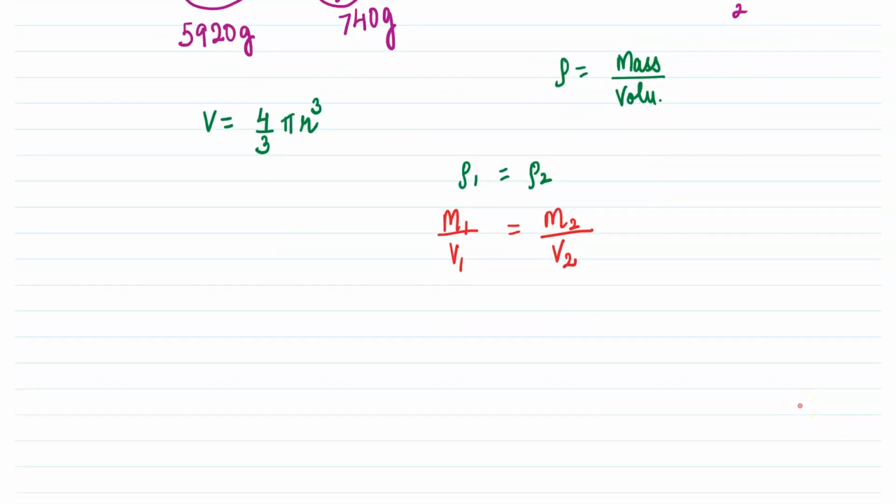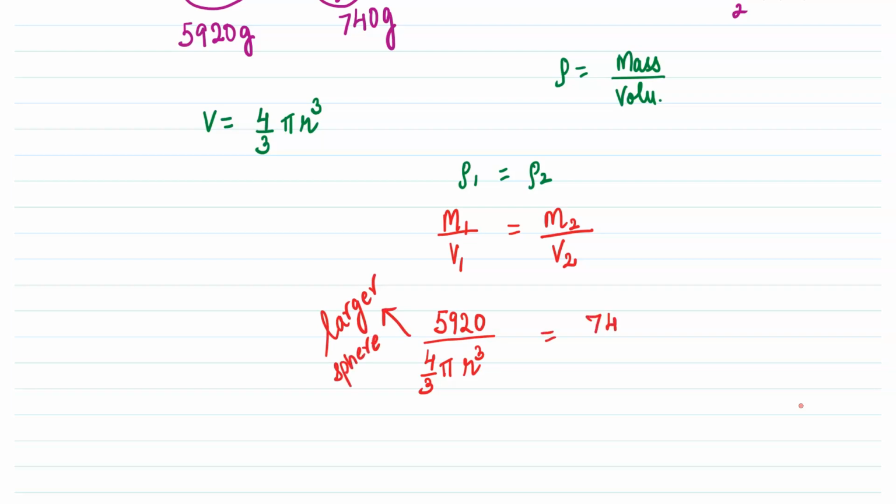Now, we have been given the values of mass, so we can put them down, 5920, and then we can write down 4 by 3 pi r cube. So, this is the largest sphere. And we can also put down the values for the other sphere, 740, and we have been given 4 by 3 pi, and the radius of the smaller one is 2.5 cube.